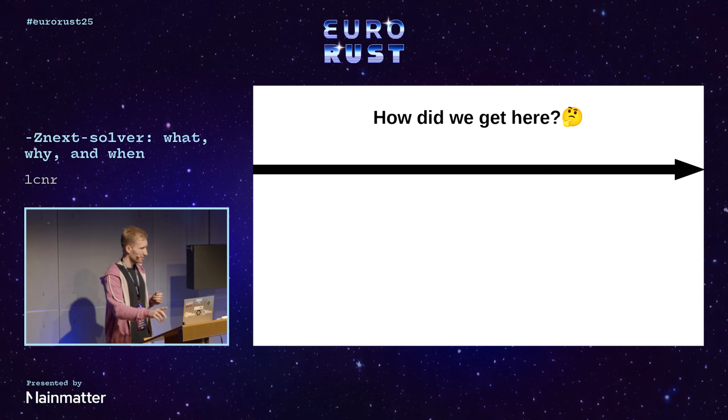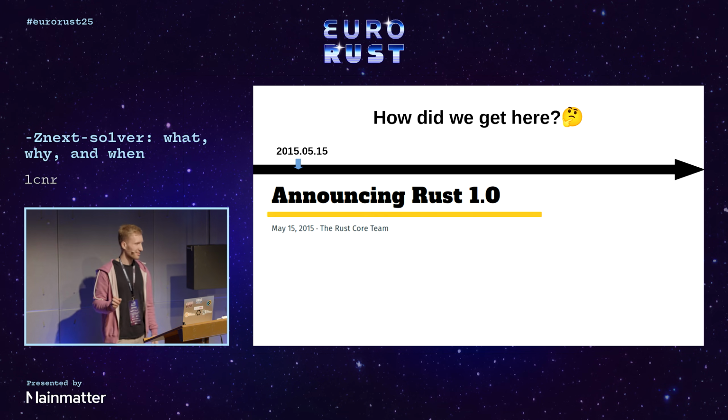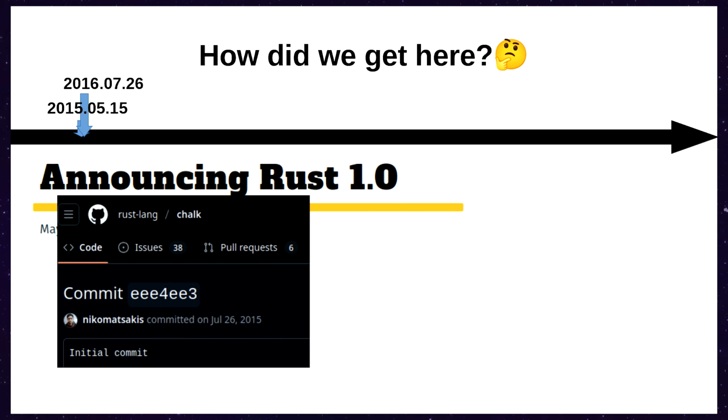Okay. So how did we end up with the trait solver? Well, it all started in the past. In 2015, we announced Rust 1.0 with a perfect type system, which is why one month later, we started working on Chalk. Chalk was a separate project where we built an experimental trait solver for Rust, which was a lot more focused on what the underlying logic we actually want is.